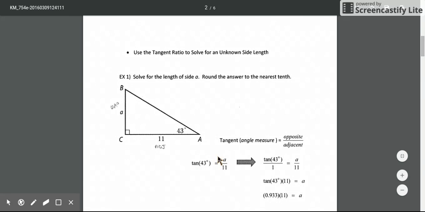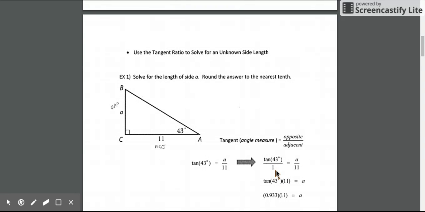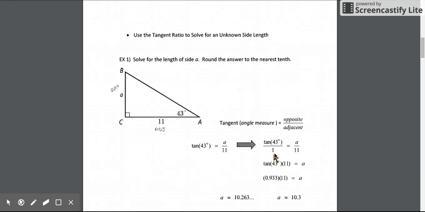Whenever you solve a trig equation, you can set it up like a proportion. Always put 1 underneath the left side, and now we can cross multiply to solve this proportion. So the tangent of 43 degrees times 11 is equal to whatever A is. Ask your calculator, and make sure you're in degree mode, what the tangent of 43 is, and it should give you the decimal 0.933.